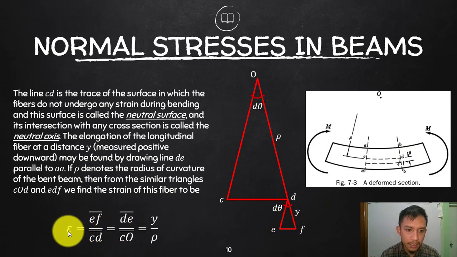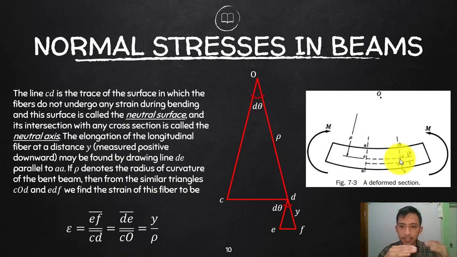So let's go to your strain. Strain is the ratio of the elongation over the original length. Let's say the original length is the same as CD, since originally they are flat, so they have the same length. If you consider a certain length between cross-sections, the lengths of the fibers are the same.